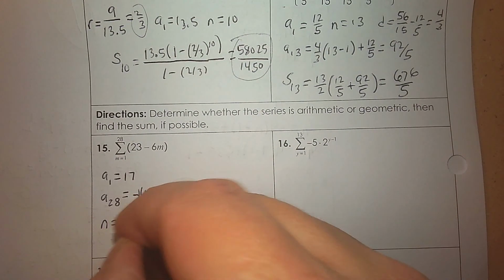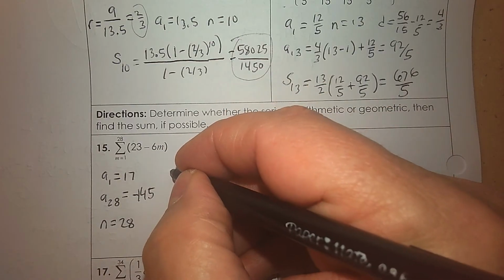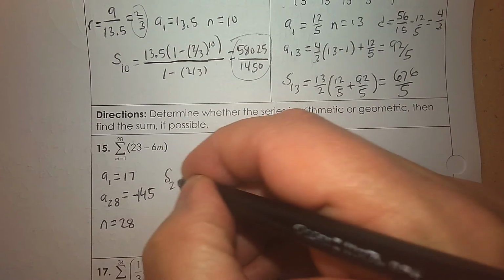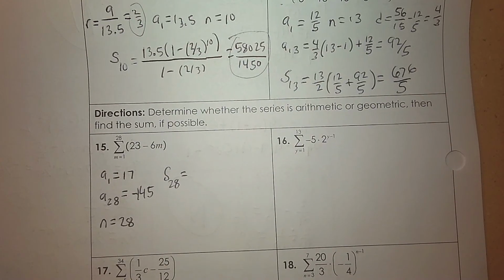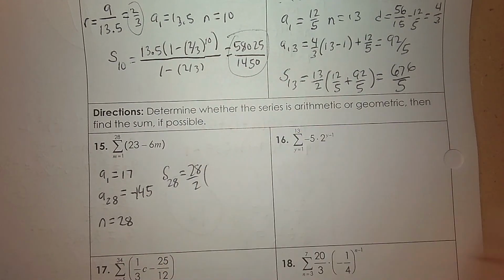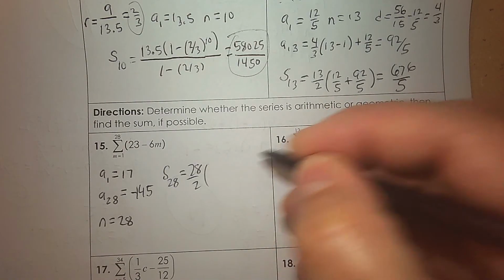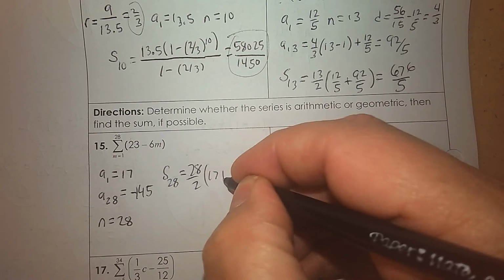So now I need to know the formula. So Jessica, what's the formula to add the first 28 arithmetic terms? S28 equals 28 over 2, and then parentheses 17 plus negative 145.